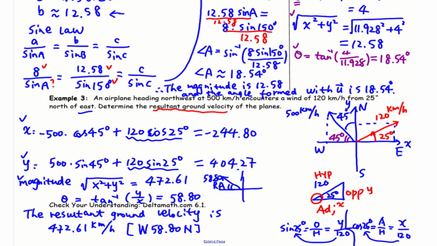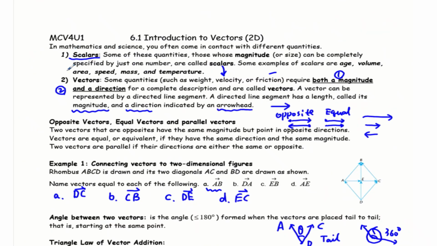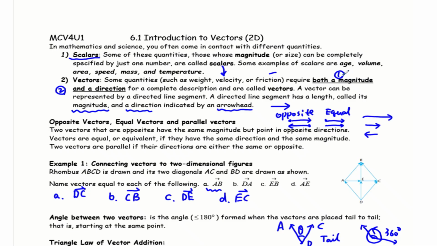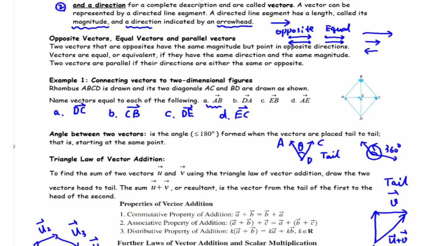So in this lesson, we have learned a new way to describe a quantity, not only one number but two numbers. One is magnitude, the size of that quantity, and another one is direction. We are going to use it for velocity, friction, forces, and other applications in the real world.